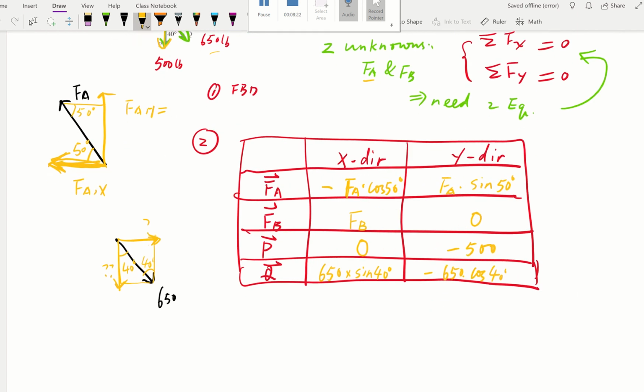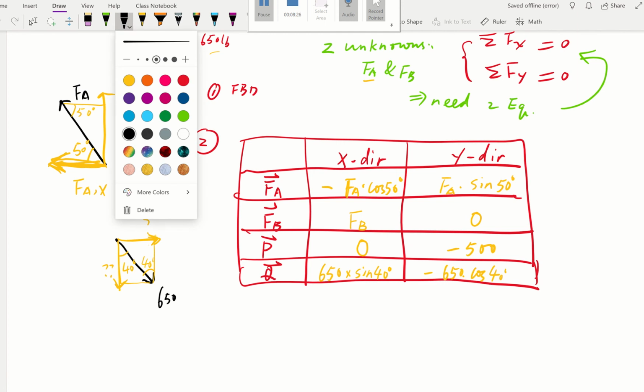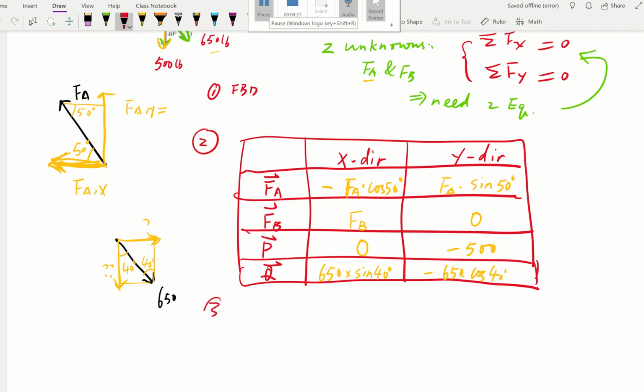Then, what's the next step? So far, it's very similar to the 2D resultant, right? The idea is the same. Now we're going to add all of them together. We're going to sum up all of them. That will give us the sum of Fx.